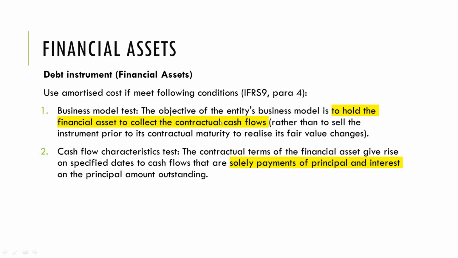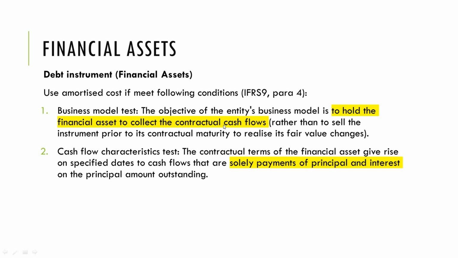Firstly, we buy the debentures or the loan stock in order to hold the financial asset to collect the contractual cash flows, meaning that we have the intention to wait until the maturity of the loan stock. For example, if we buy bonds or debentures, normally it is for a period of 5 years to 10 years. So when you buy this kind of bonds, you are willing to wait until the maturity date.